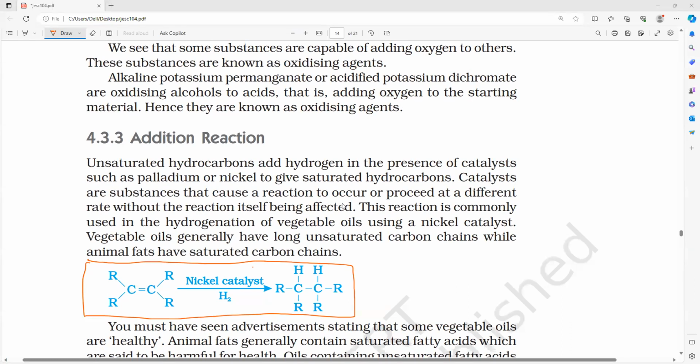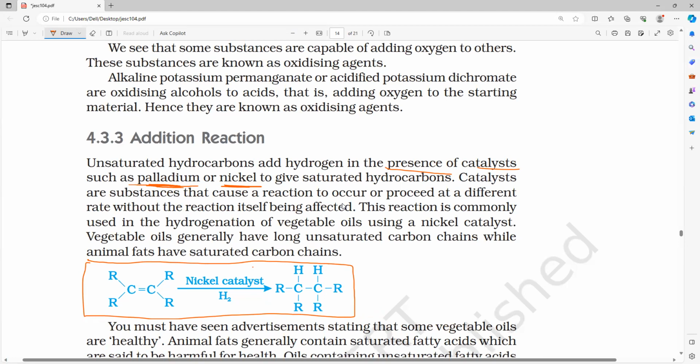And remember they have clearly mentioned the presence of a catalyst. What is the catalyst? We can use palladium or nickel. Do you understand? Even in the board exam, one year, you won't believe it, they asked to write the chemical reaction of converting unsaturated into saturated in the presence of palladium.